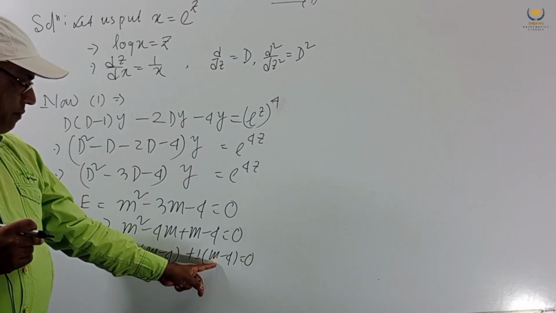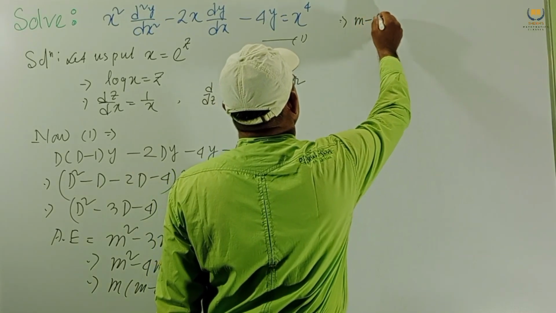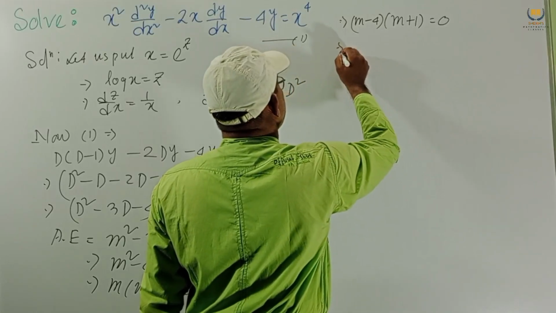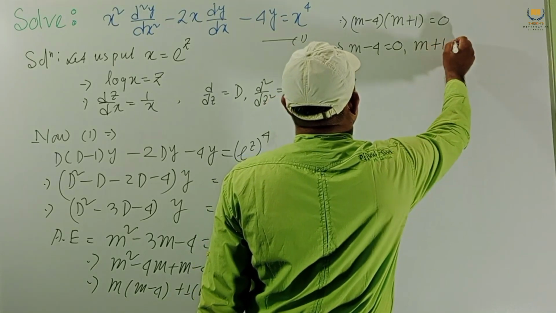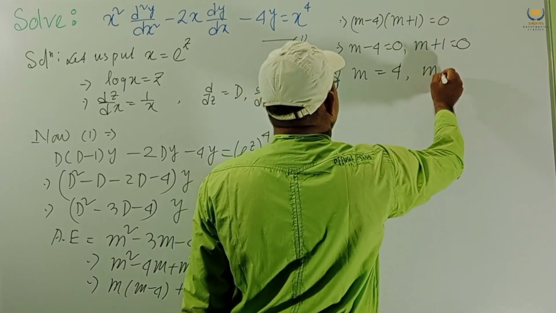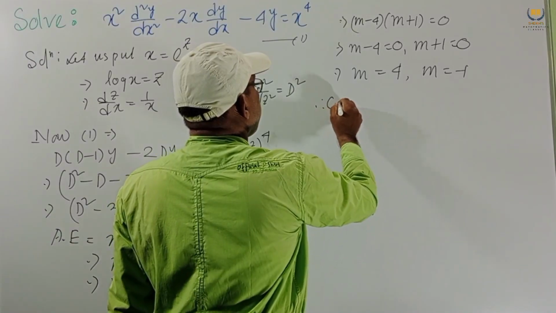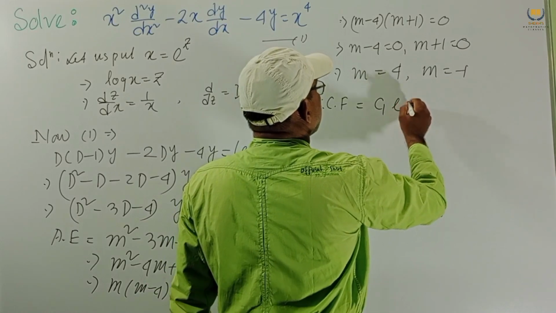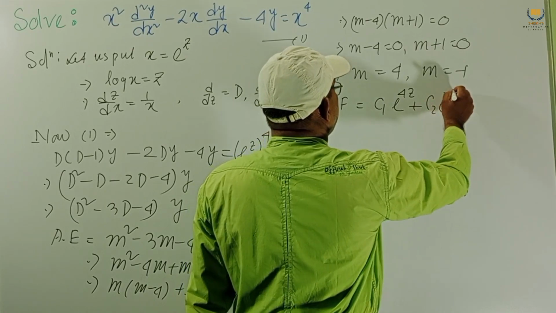Now m minus 4 common, we get m minus 4 times m plus 1 equals 0, so m equals 4, m equals minus 1. We get this. Therefore, the complementary function equals c1 e to the power 4z plus c2 e to the power minus z.